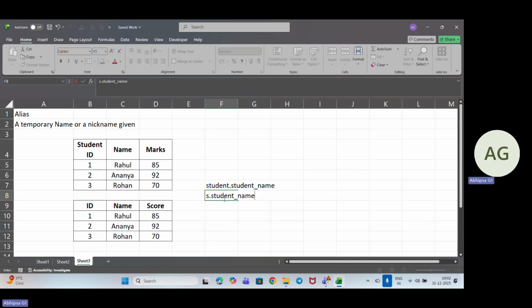This is much easier and more understandable. S is the alias for student here. We have just replaced student with S. Okay, so this is how it is.